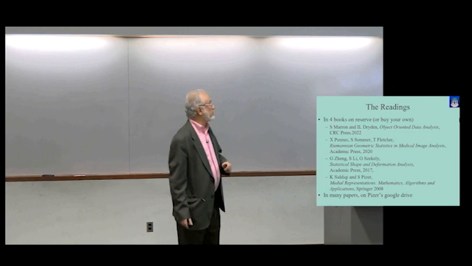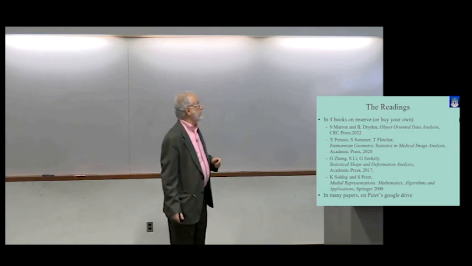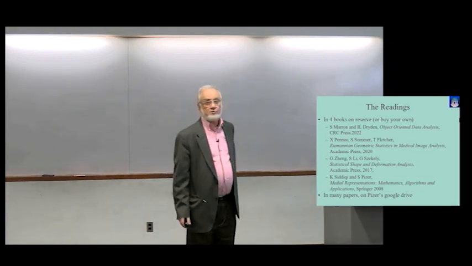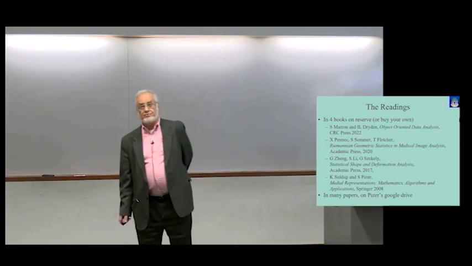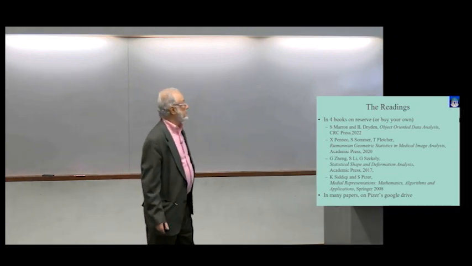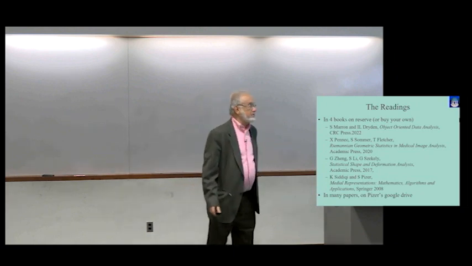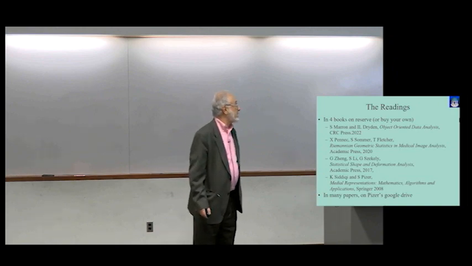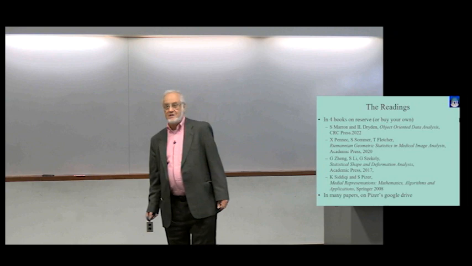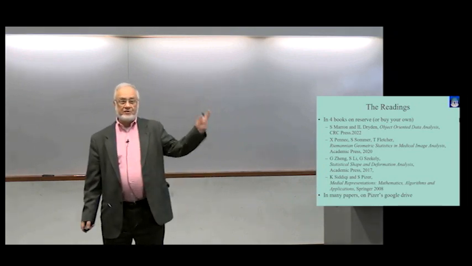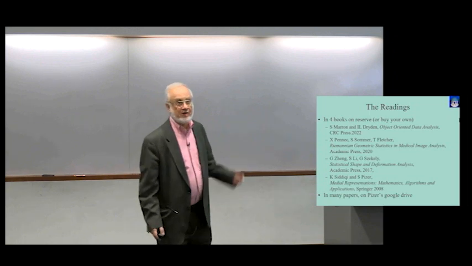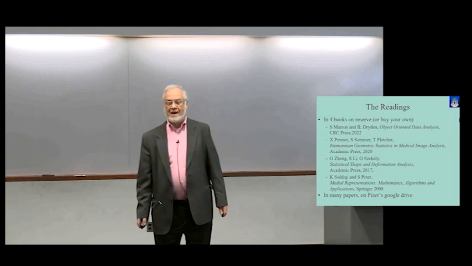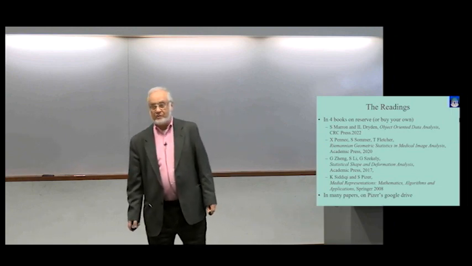The next is a book by Xavier Pennec, who is a senior shape scientist at INRIA Sophia Antipolis in France, Stefan Sommer, who likewise is an expert in shape analysis at the University of Copenhagen, and Tom Fletcher, strictly P.T. Fletcher, but he himself has dropped the P, who was a doctoral student here in this department many years ago, and is now an associate professor at the University of Virginia.